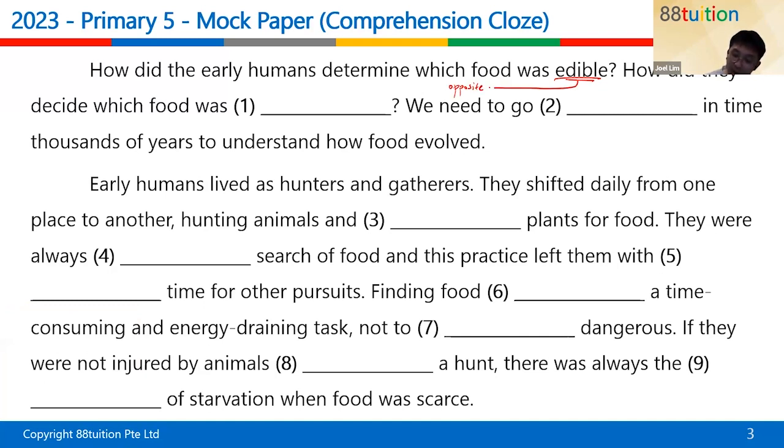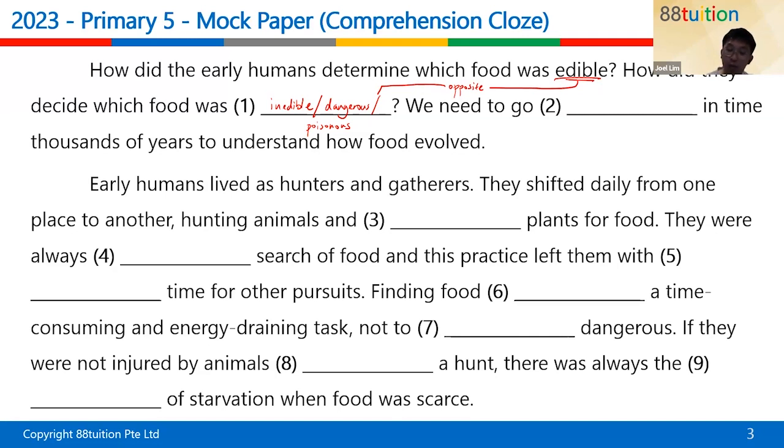So the opposite of edible could be inedible, or potentially, which food was dangerous, or potentially as well, which food was poisonous, right? All these would be acceptable answers for your first question. And yes, Jianing actually used poisonous for question 1. So that's a legit answer.